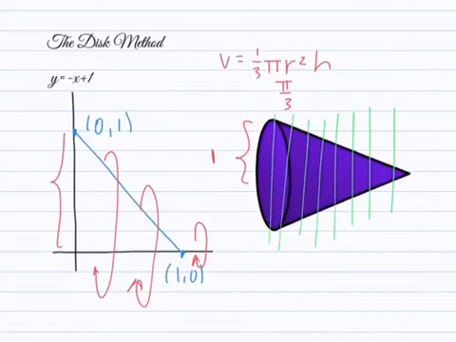Say you take this end circle here, you'd remove it, and you get that one really paper-thin circle. Then you're taking the integral of the area of each of those circles, so pi times the radius squared of each of those circles. When you take the integral, you're summing up all those areas, and the sum of all those areas is going to give you the volume of the cone itself. So that's basically the theory, the stuff behind it.